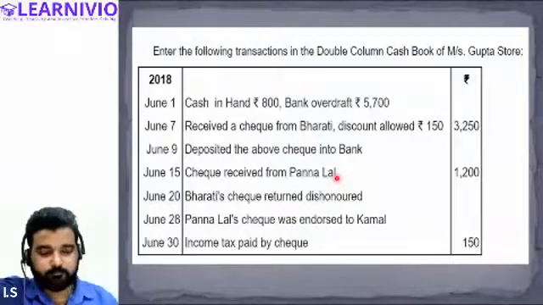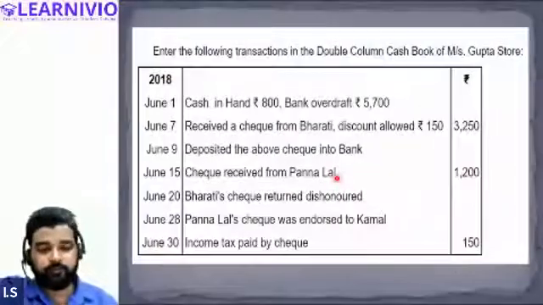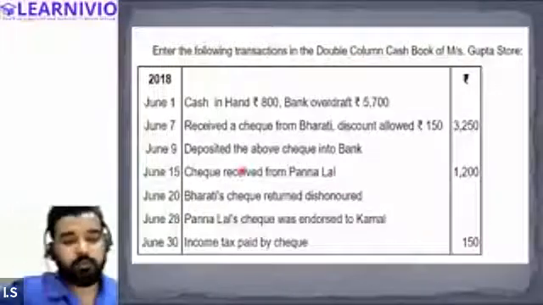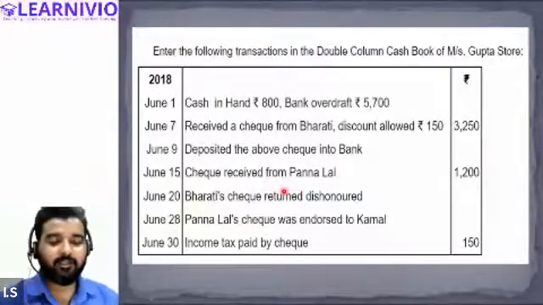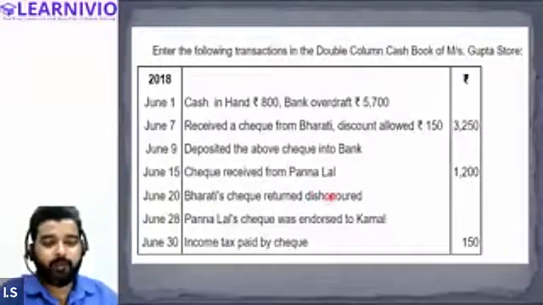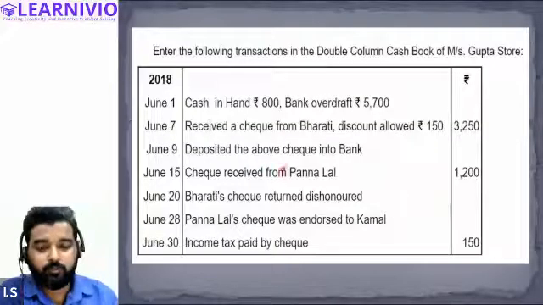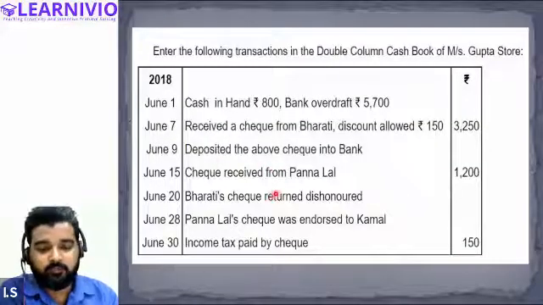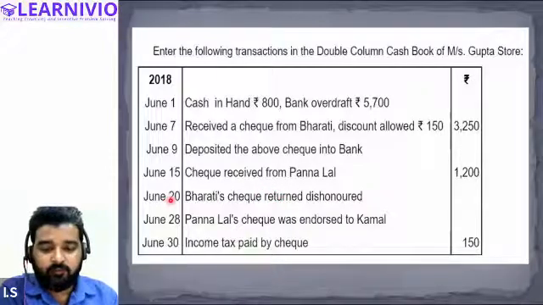Is it clear, all of you? Yes, sir. Unless and until it is mentioned that it is deposited into the bank, you will not be required to record any transaction. Sir, but if it is not mentioned, can we write directly that it is deposited?